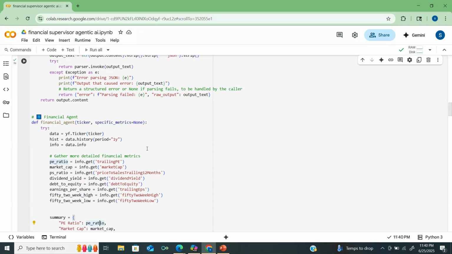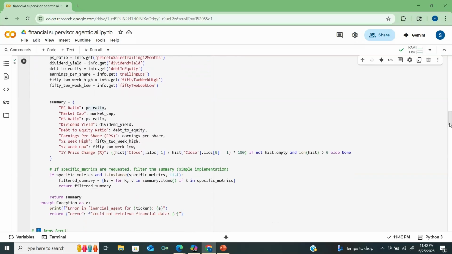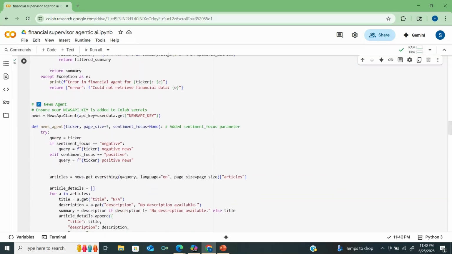It gets all the history of that particular stock which we asked for. And the news agent will focus on the sentiment, and will provide the negative news as well as the positive news related to that particular stock or company.